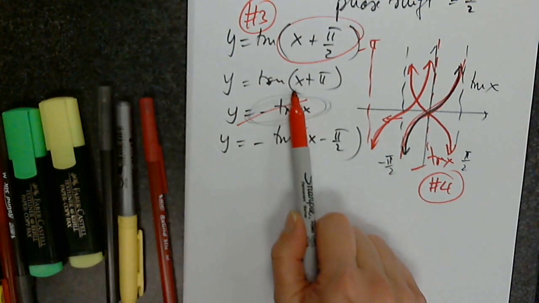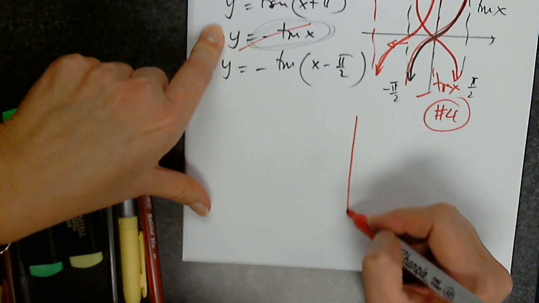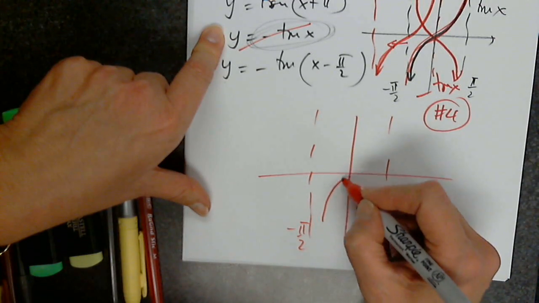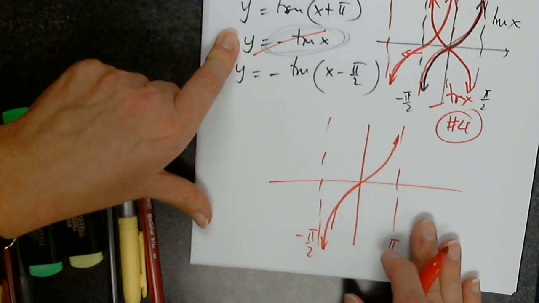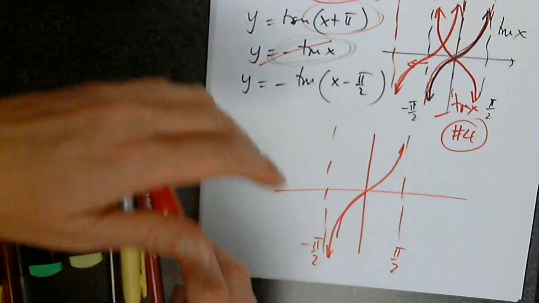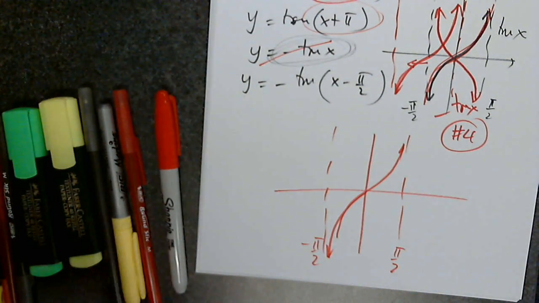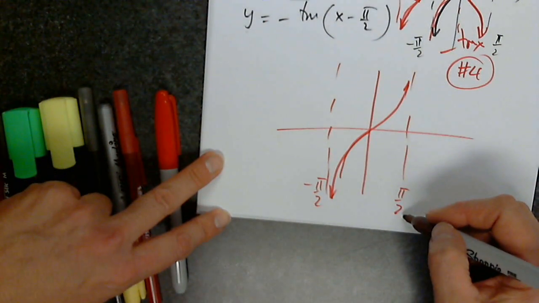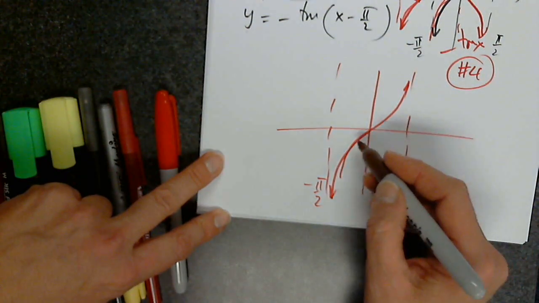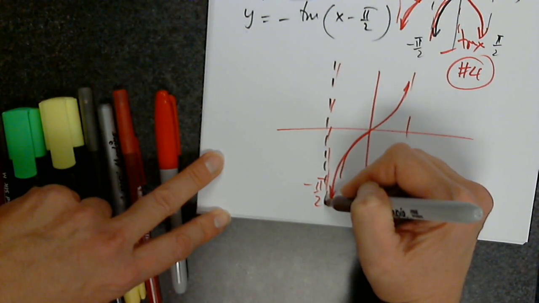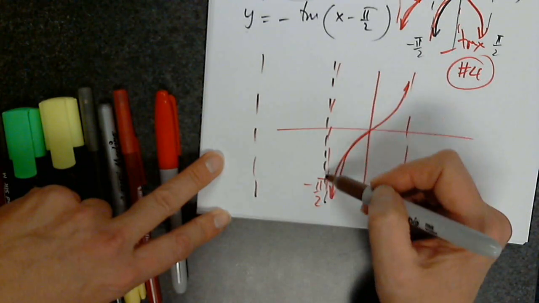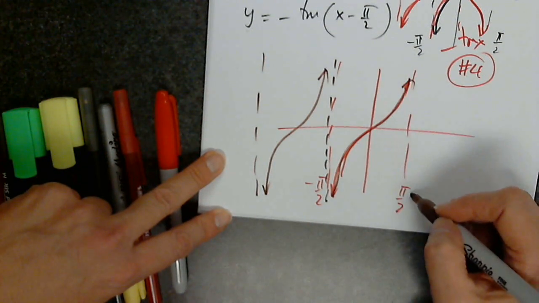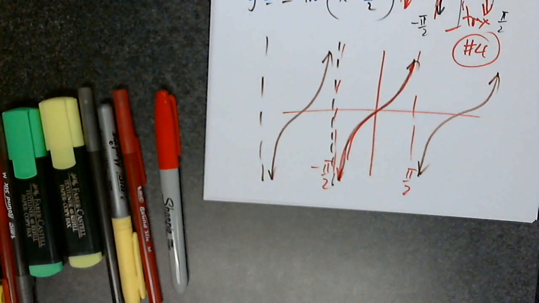Good. Now what about this one? The initial graph is between negative pi over 2 and pi over 2, so this is the original graph. Now the phase shift is still to the left, but this time pi. This moves pi, and this moves pi, so there is no change.